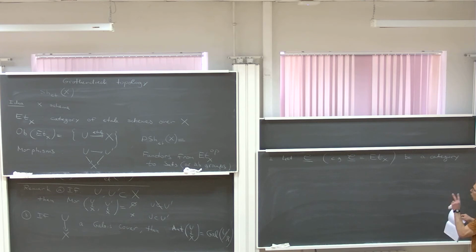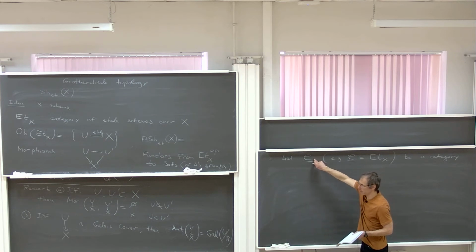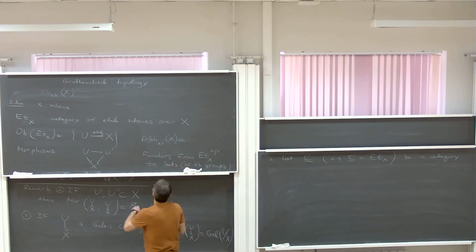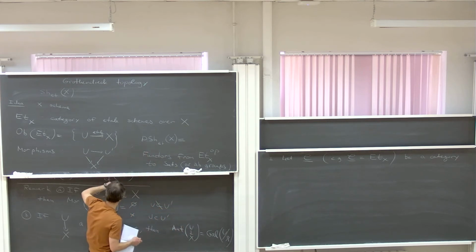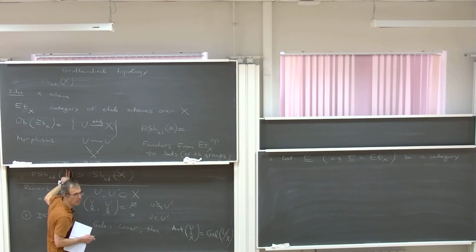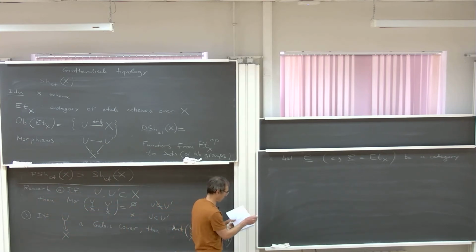Again, my goal is to define what a topology on C is, which is some kind of structure needed to define the subcategory of sheaves inside presheaves. So I will describe this structure for you.